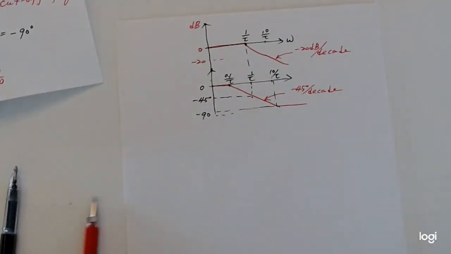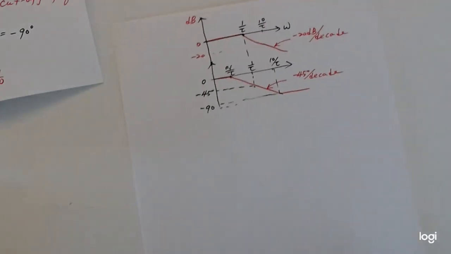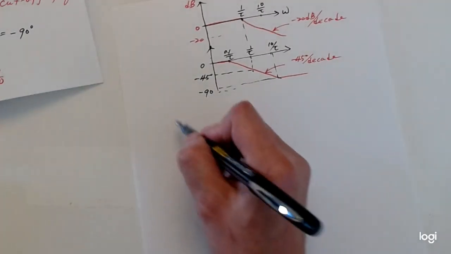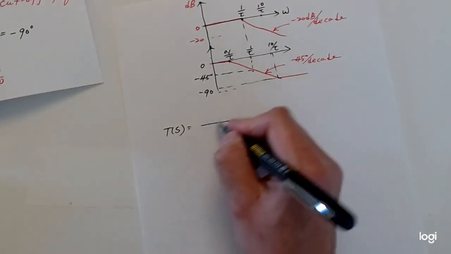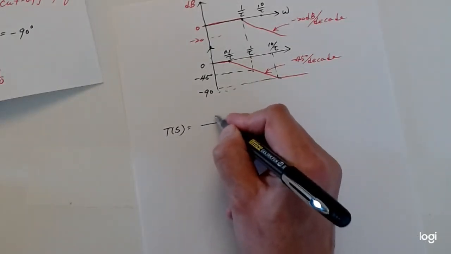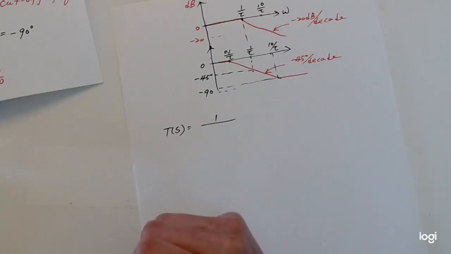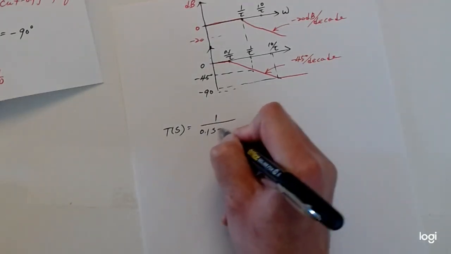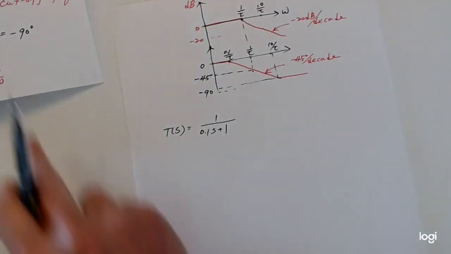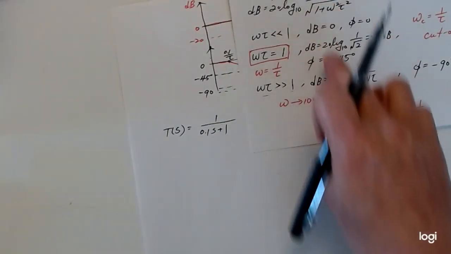For example, let's say I want to know the Bode plot of 1 over 0.1 s plus 1. We don't need to do all the analysis right here.